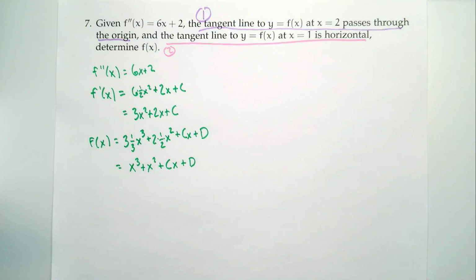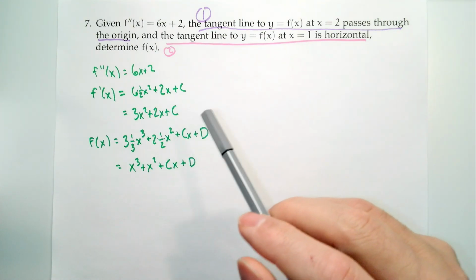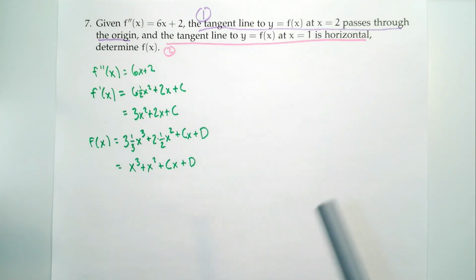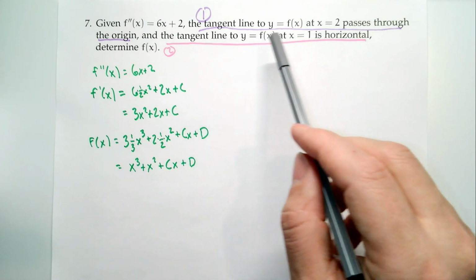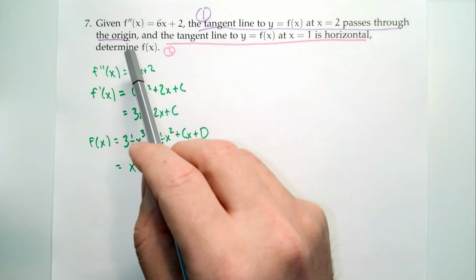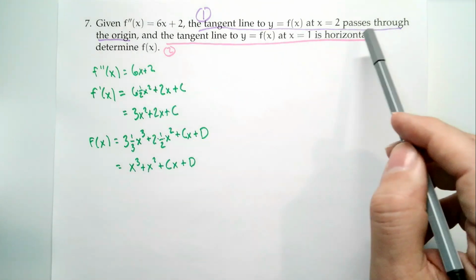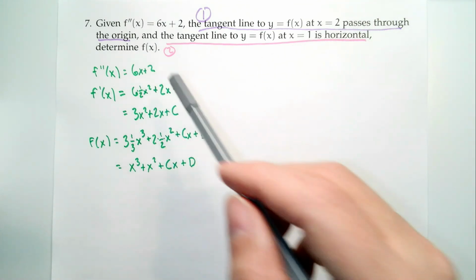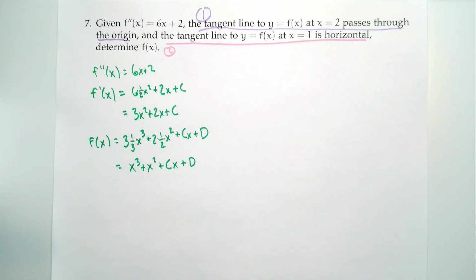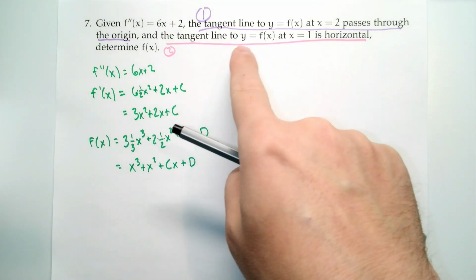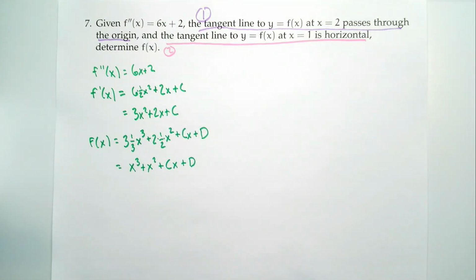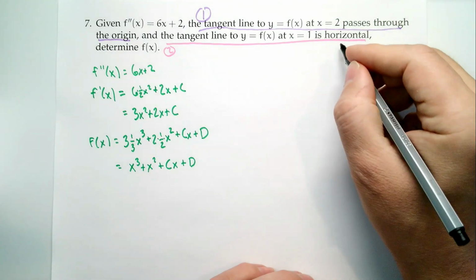Now we could start in either order, but let's try to be smart. The tangent line to y equals f of x at x equals 2 passes through the origin, so we take the tangent line at 2 and make sure it passes through the origin. The second one, the tangent line to y equals f of x at x equals 1 is horizontal. Let's think about another way to phrase that.